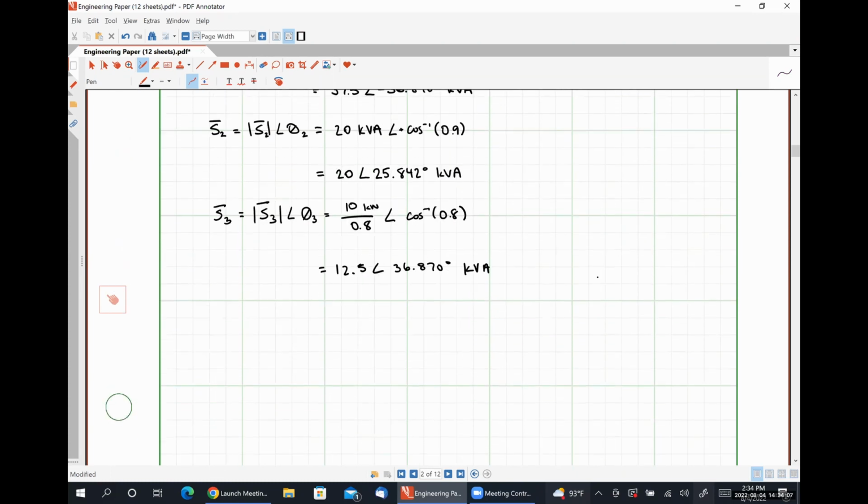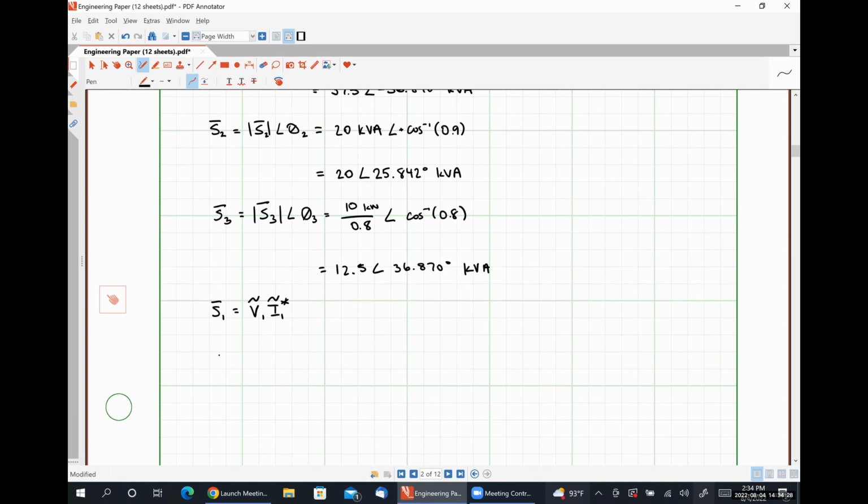So the complex power S1 is given by the voltage drop over load 1 times the complex conjugate of the current flowing through load 1.